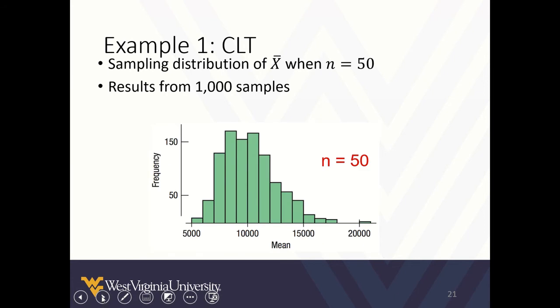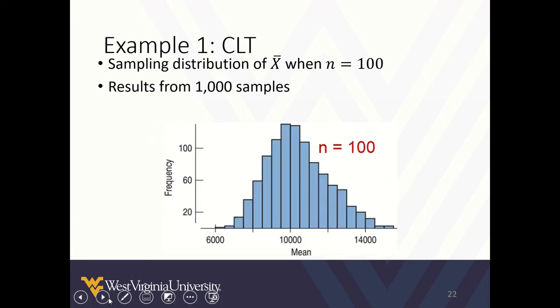We do it again, this time with a sample size of 50 for 1,000 samples. Notice that it's still a little bit skewed, but even less skewed than before. Again, now this time we have a sample size of 100 from that 1,000 samples.